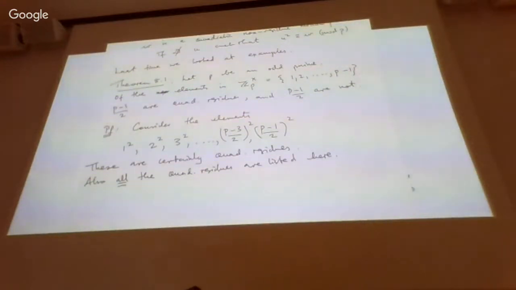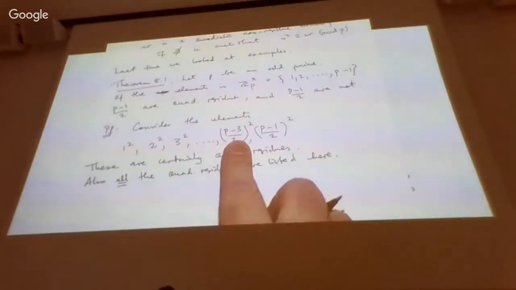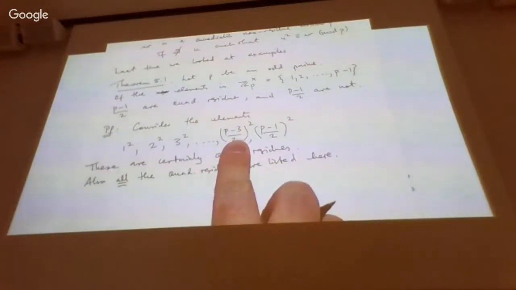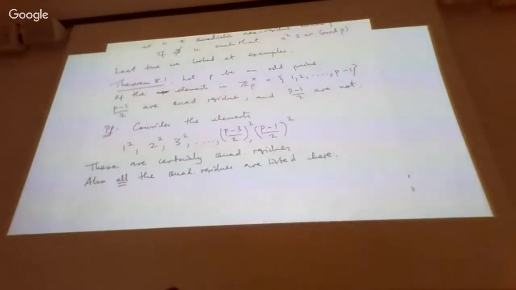Why don't we have P minus 2 there? Well, P minus 3 over 2 is P minus 1 over 2 minus 1, just looking at the integer before it. P minus 2 over 2 would not be an integer. Remember, P is an odd number. If you subtract 2, it would still be odd, and divided by 2 is not an integer.